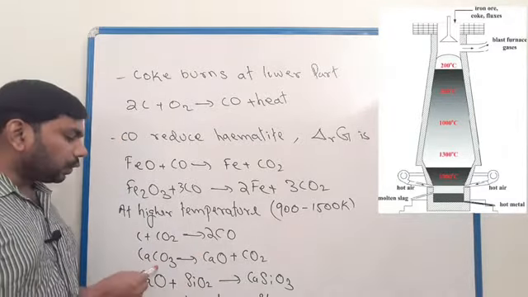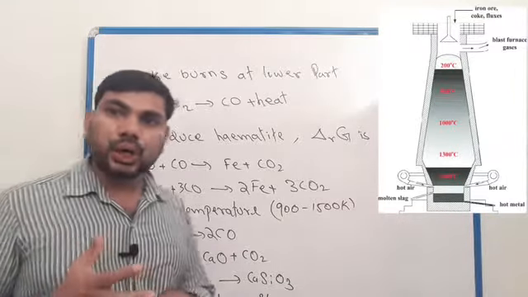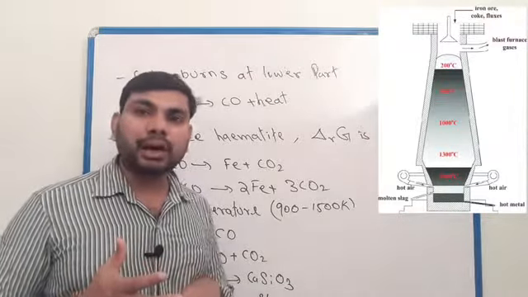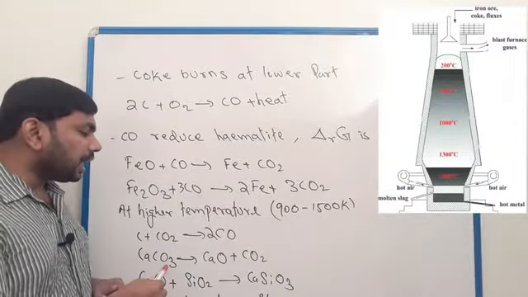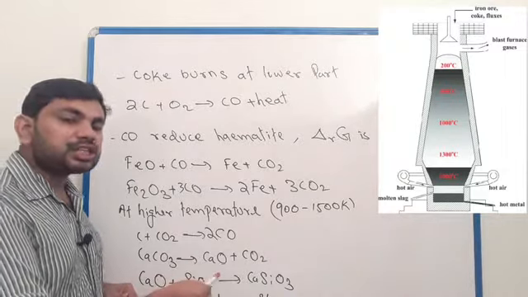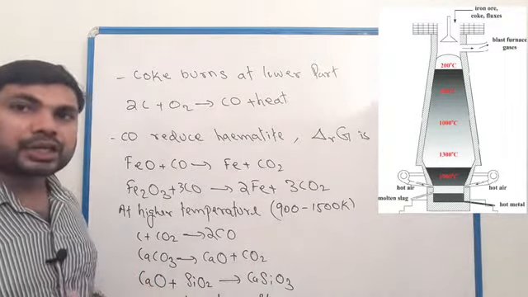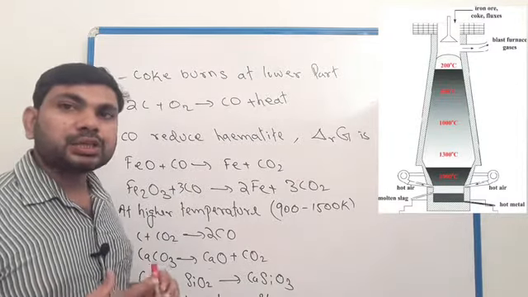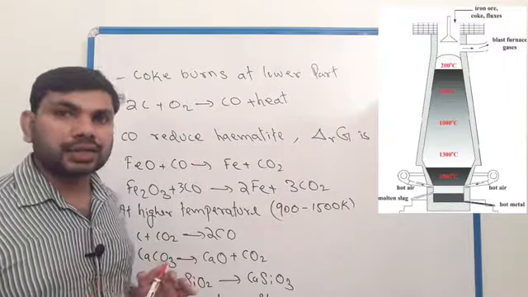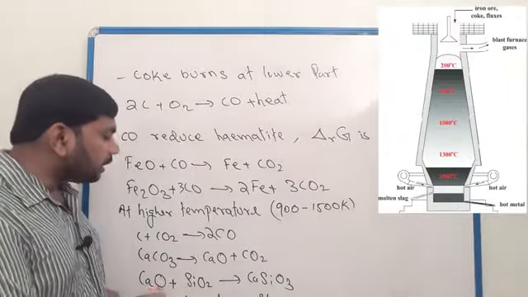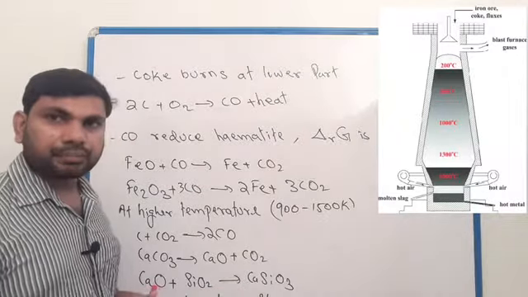Also I told you charge means limestone, which means calcium carbonate. At very high temperature, calcium carbonate changes to calcium oxide and carbon dioxide. This calcium oxide reacts with silica and forms calcium silicate.